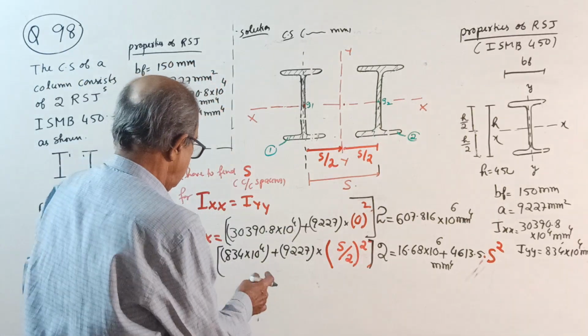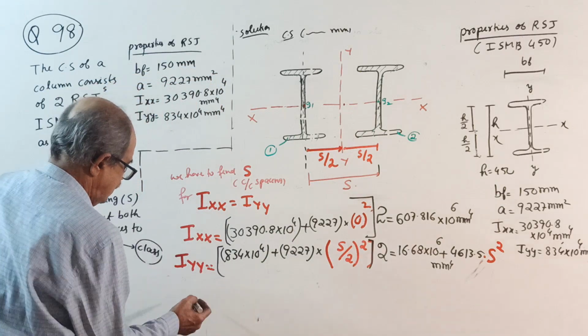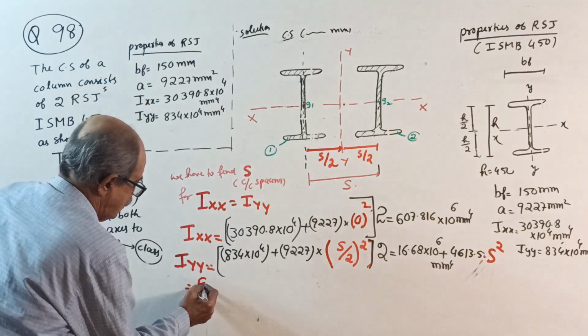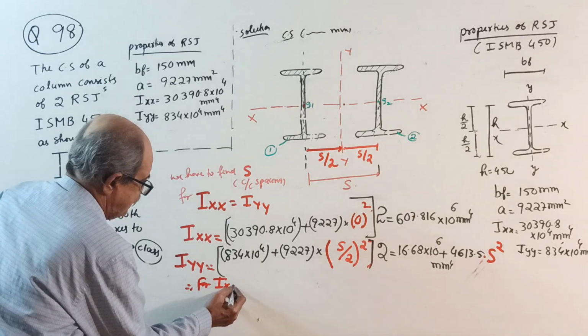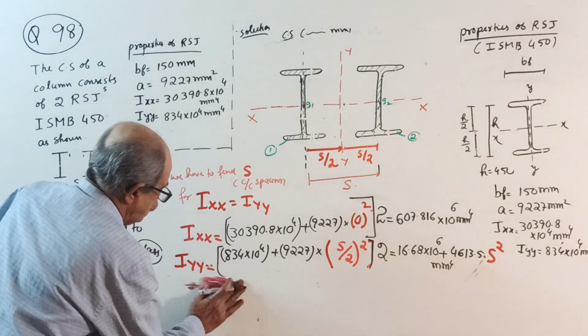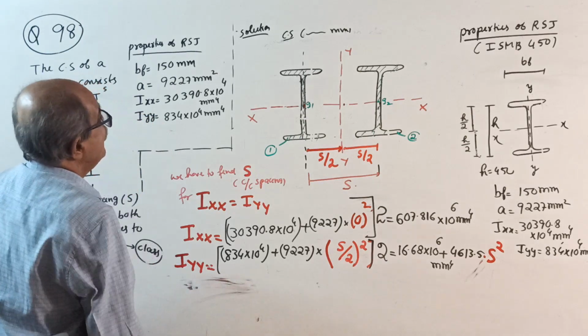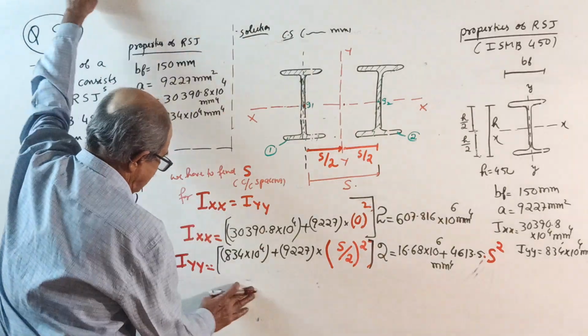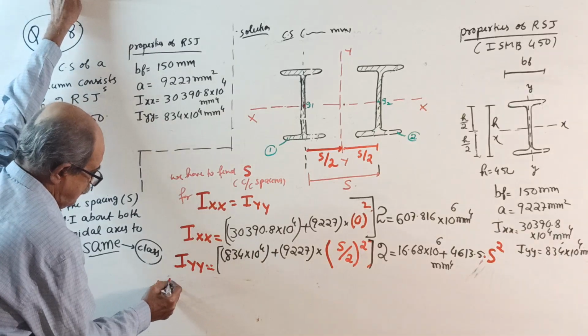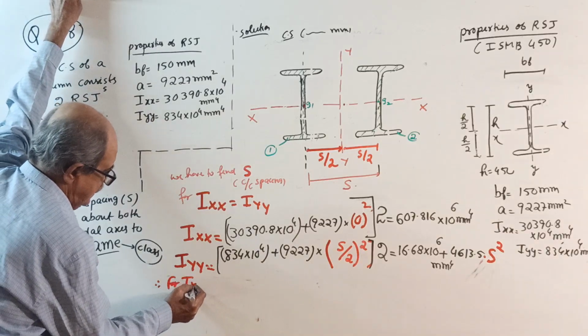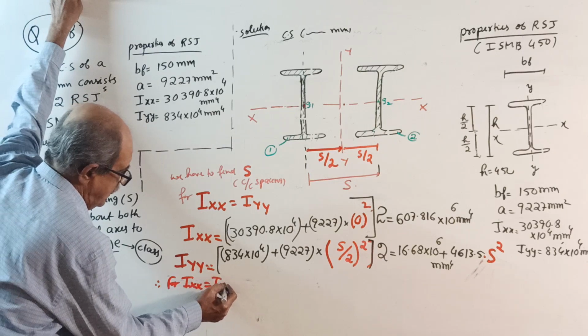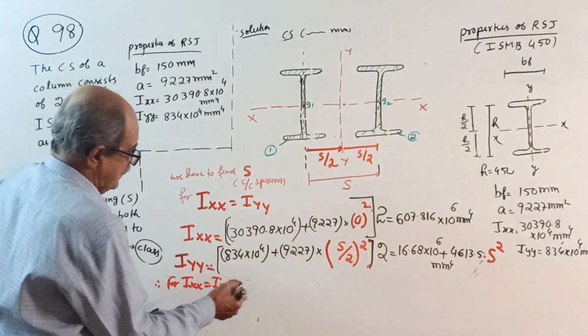Now write here. Therefore, for Ixx equal to Iyy, what is the answer?